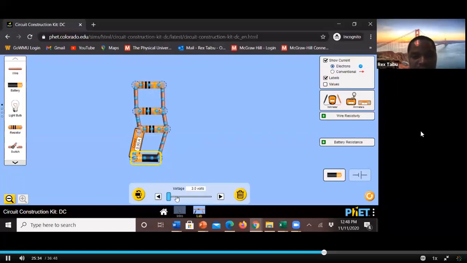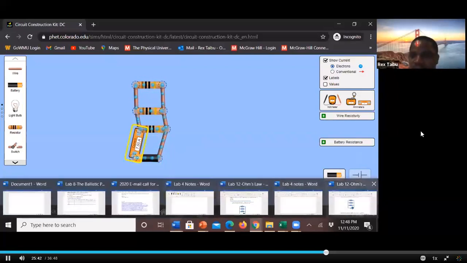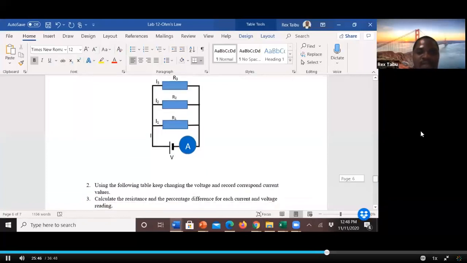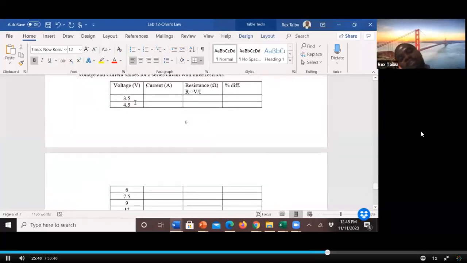You are going to keep increasing the voltage and taking note of the current. So in that case, you are good. You are actually doing the parallel circuit. You do the same thing. This is the table. Change voltage, observe the current, calculate the resistance, V over I. Now percentage difference.